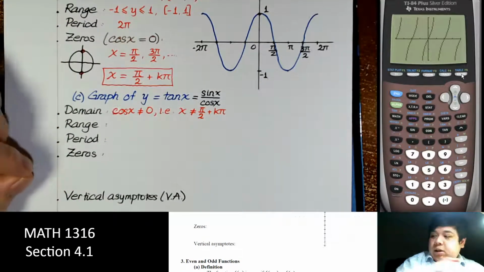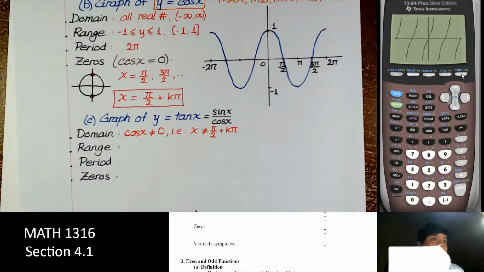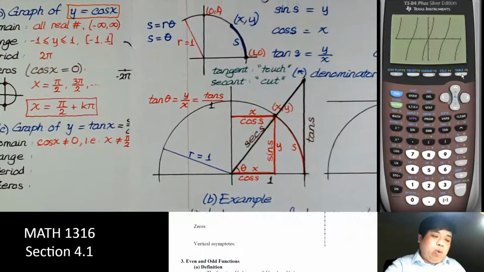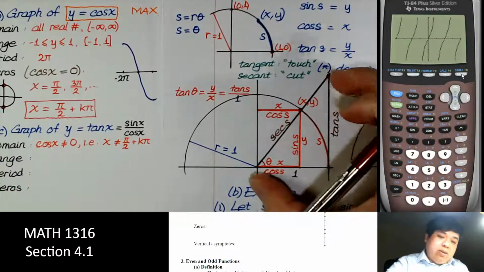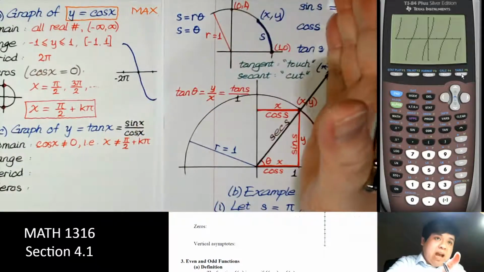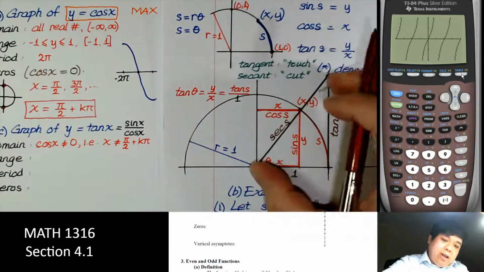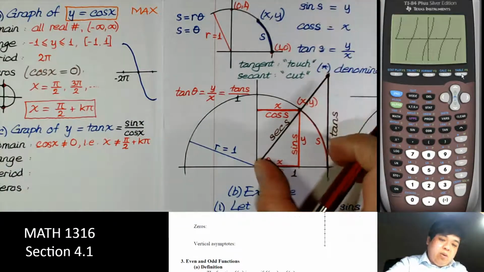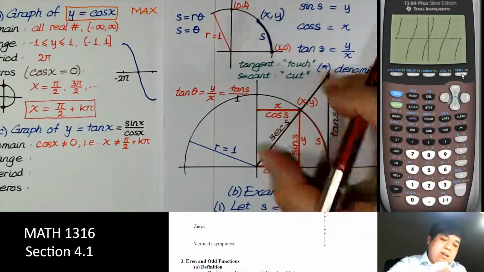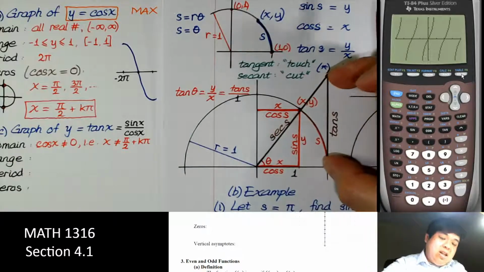And the range. To determine the range, notice that we defined in section 3.3 tangent as whatever the point is that intercepts the tangent axis. Since it cuts the circle, it can take any values. I mean tangent is this, sorry.